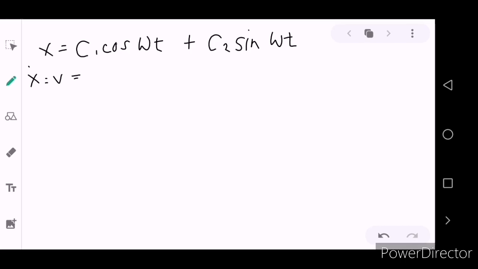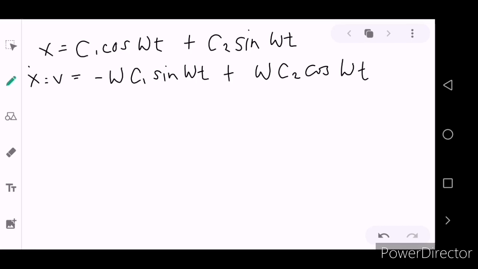So getting its derivative would be negative omega times C1 sine omega t, because the derivative of cosine is negative sine, plus omega C2 cosine omega t.